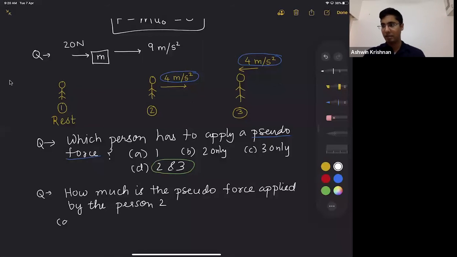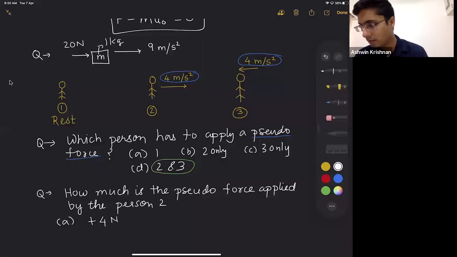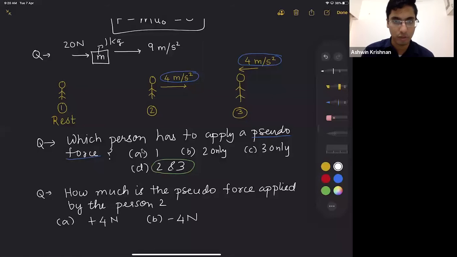Option A, so assume that M is 1 kilo. Option A, plus 4 Newton. Option B, minus 4 Newton. Okay, I'm going to relaunch the poll. I've relaunched the poll for all of you.